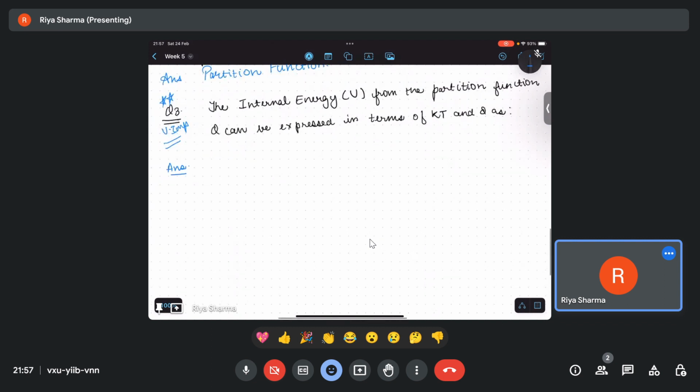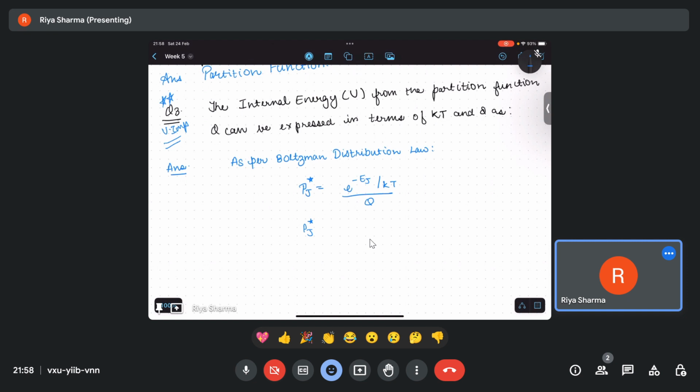I will myself start this. You should follow this. As we know, as per the Boltzmann distribution law, the probability function is equal to e raised to the power minus Ej by kT, divided by the partition function.